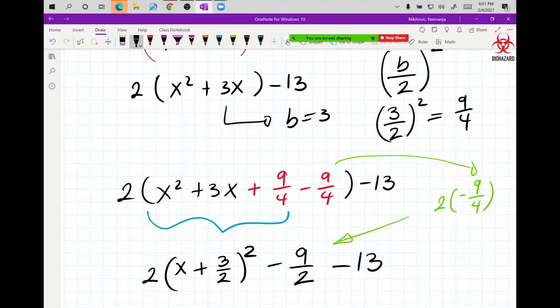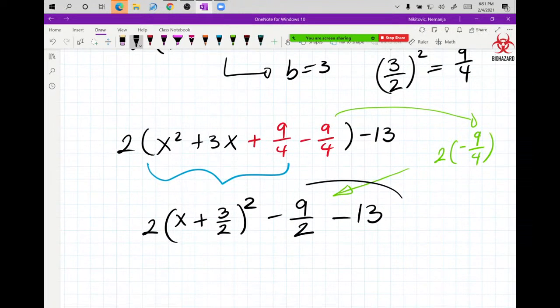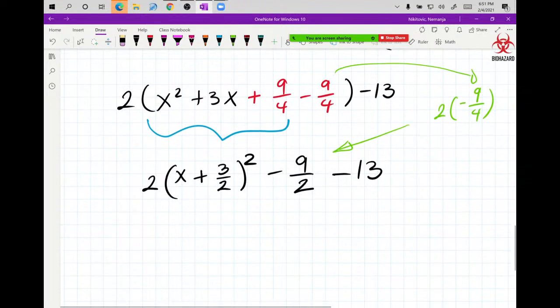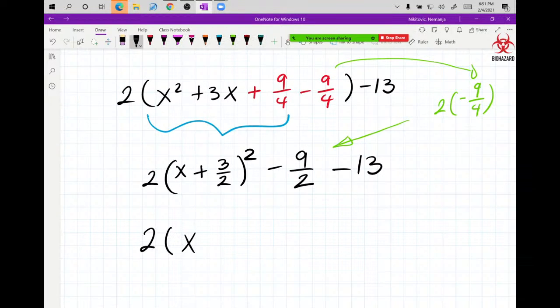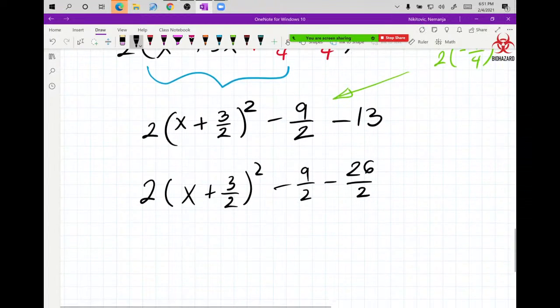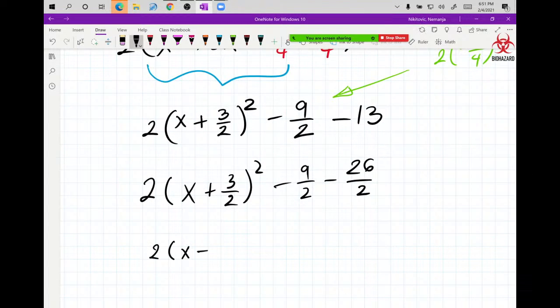Awesome. And all I need to do now is to add these 2 numbers and I'm done, right? So 13/1 times 2, and so on. So 2x plus 3/2 squared. And then you have minus 9/2 minus 26/2. And there they are.